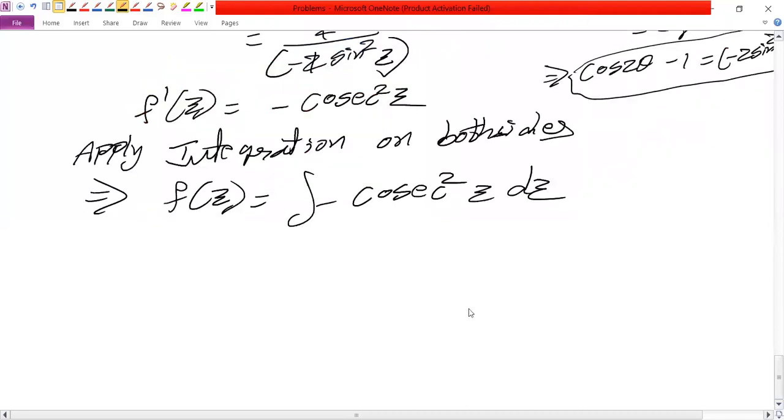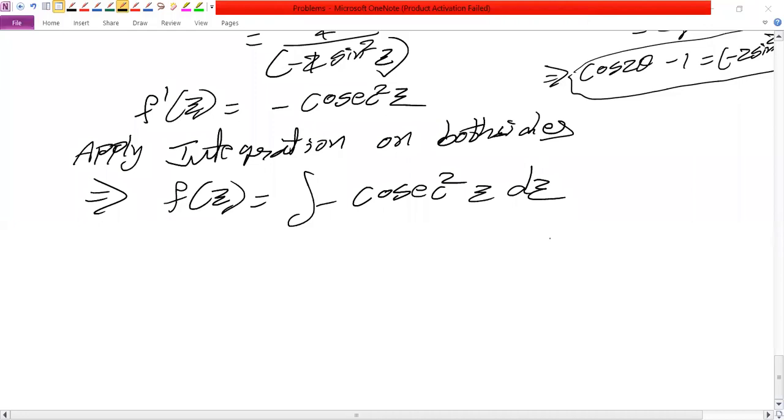What is the integration of cosecant square z? What is the differentiation of sine? Cos. Differentiation of cos is minus sine. Differentiation of tan is secant square.